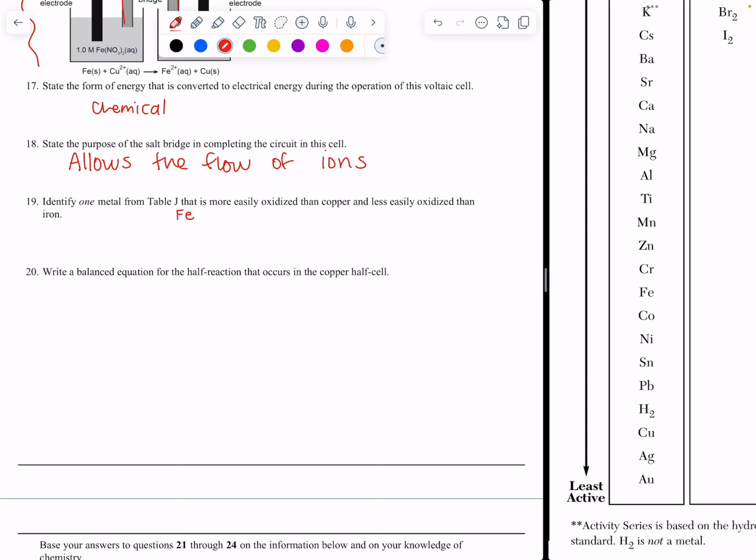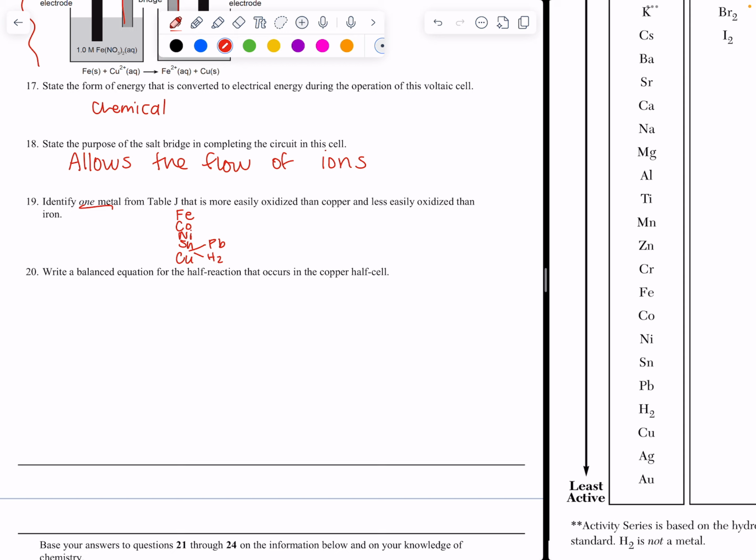Iron and copper, I see both of them. Iron is above copper. And what are the metals in between? We have cobalt, nickel, tin, Sn, lead, and then we also have hydrogen.